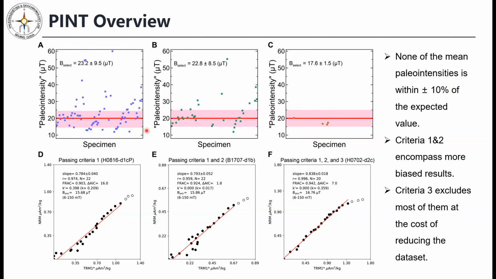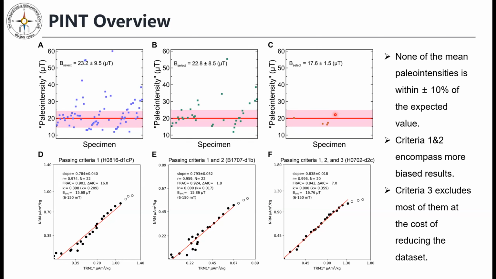The large standard deviation here for criteria 1 and 2 is due to the large number of biased results. And the strictest criteria 3, which is more widely used in the Tsunakawa-Shaw method, filtered out the majority of severely deviating paleointensity results.